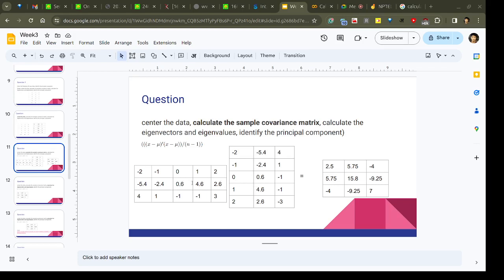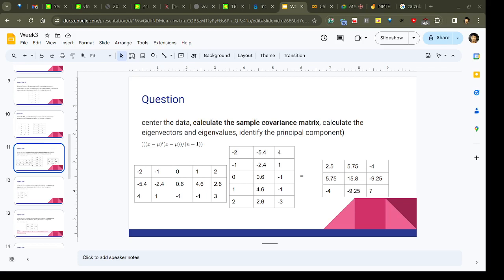So this is 0.6 into 0 is 0, then 4.6 into 1, then 2.6 into 2. Okay, it's 23 divided by 4, so this is 5.75. So this one is correct.